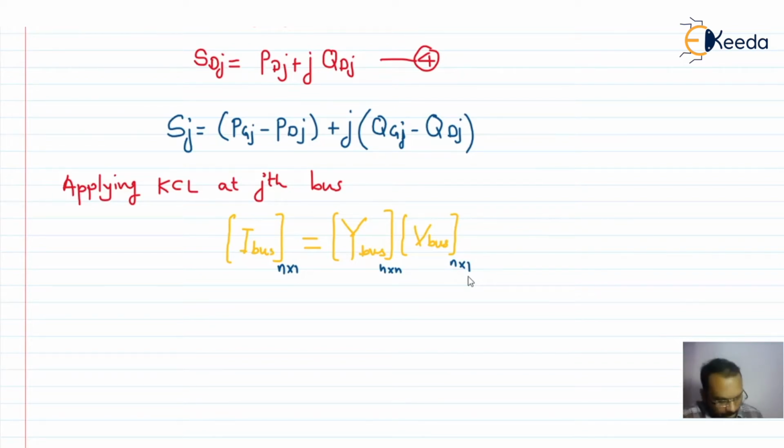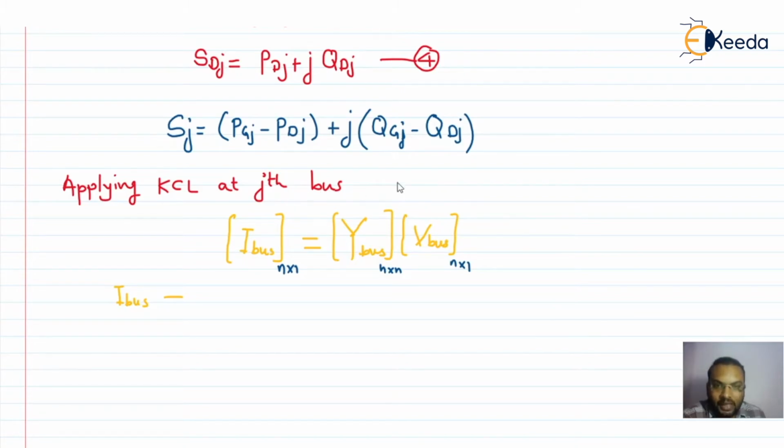See, this I bus is a vector, or I can call this a column matrix comprising of currents, the current at each particular bus.